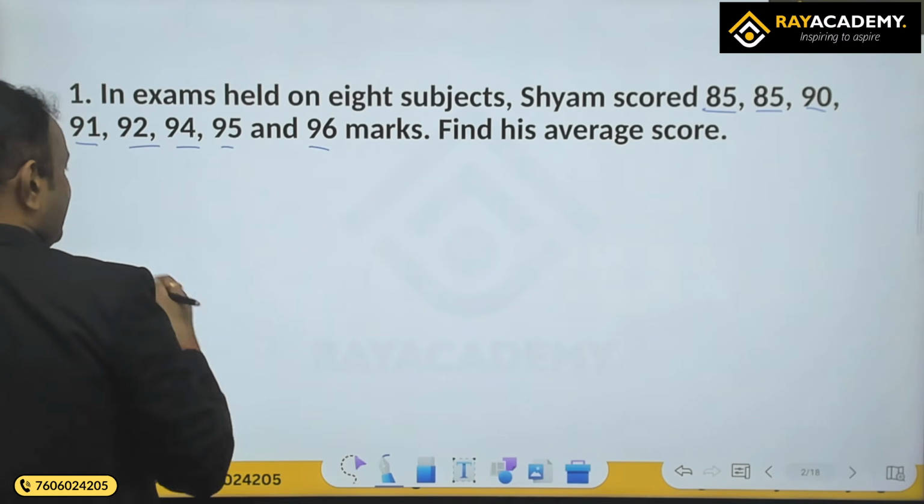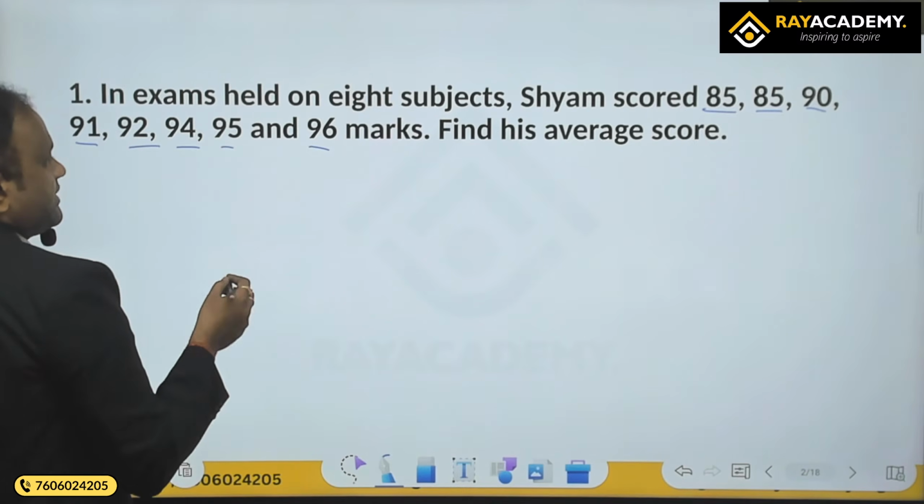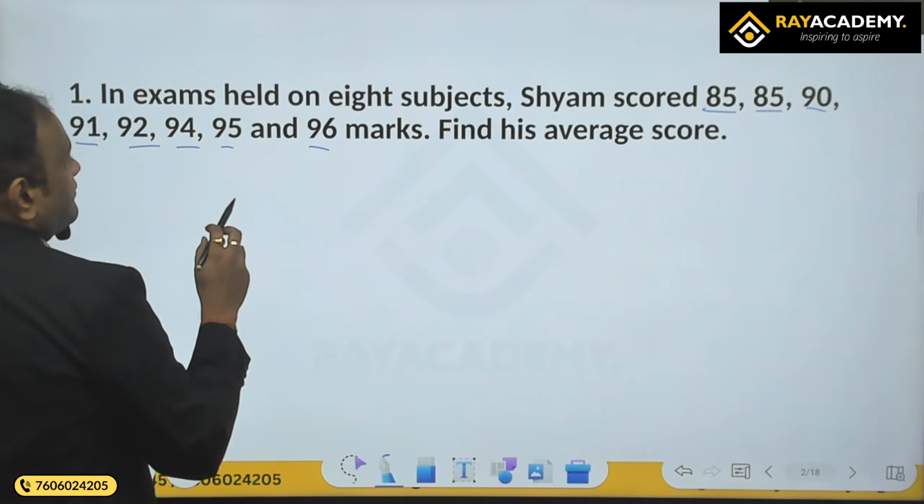Okay. So average we can simply find by taking the sum and dividing by the number of samples.